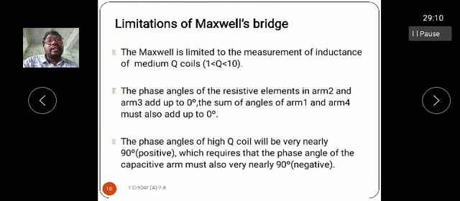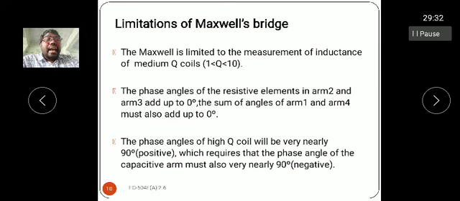That means here is the limitation of the Maxwell bridge. One more important point is that the phase angles of the resistive elements in arm 2 and arm 3 add up to 0 degrees. The sum of angles of arm 1 and arm 4 must also add up to 0 degrees.